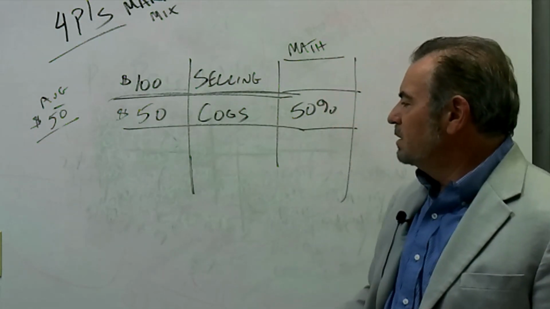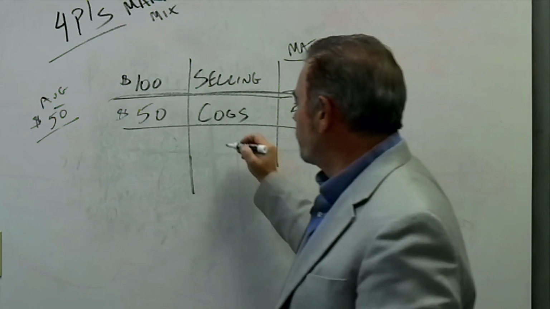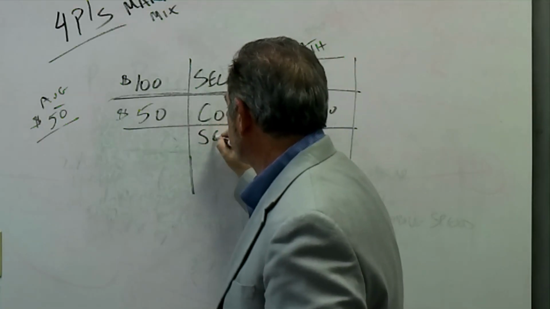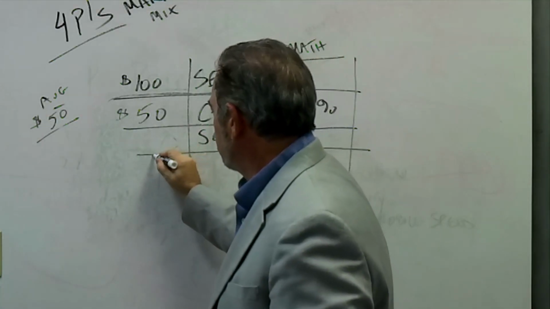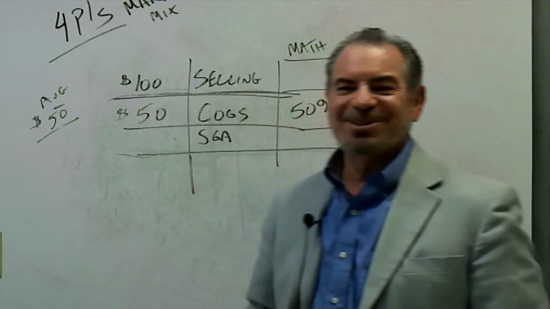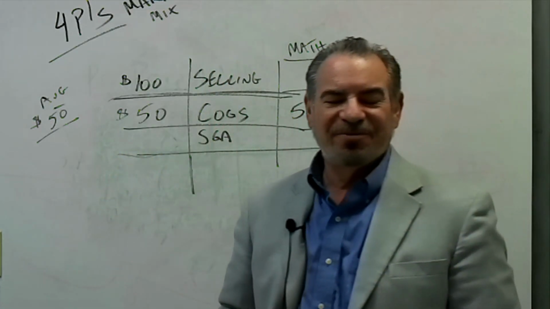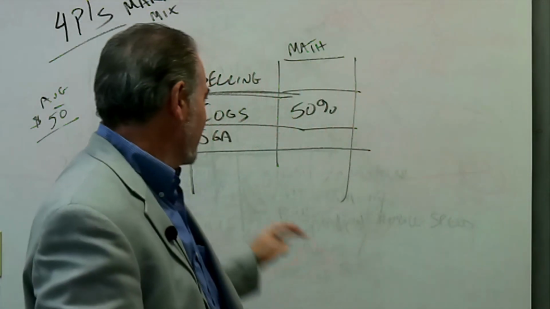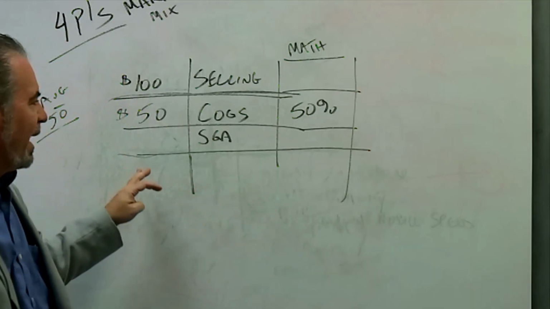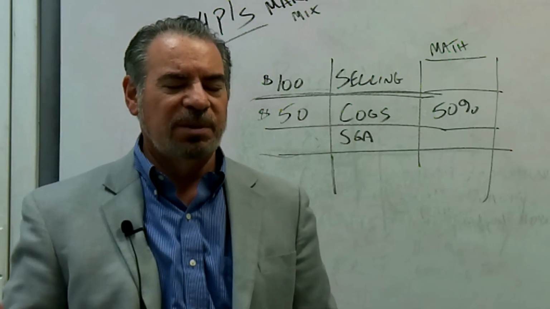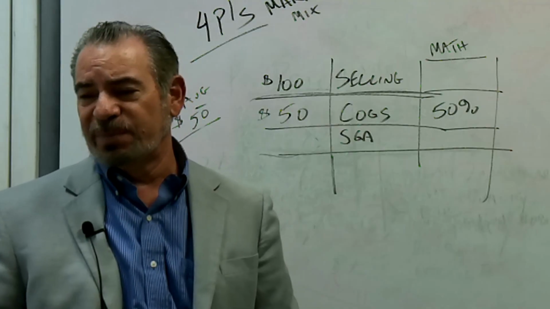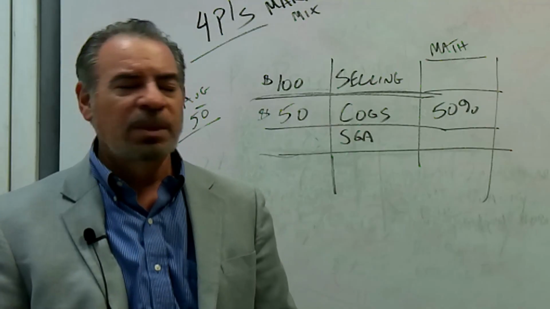Okay. The next thing we want to calculate is what we call SG&A. Now remember, this is marketing. This is not finance or accounting. So finance people and accounting people freak out when I do this type of math. SG&A is really how much it costs you to sell that particular product. Selling and general administrative expenses. That's what SG&A stands for.